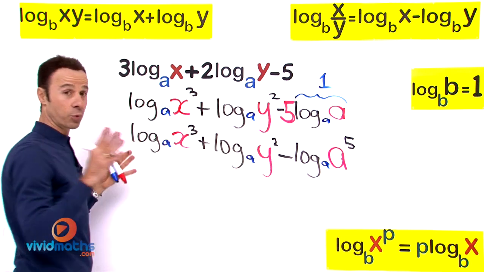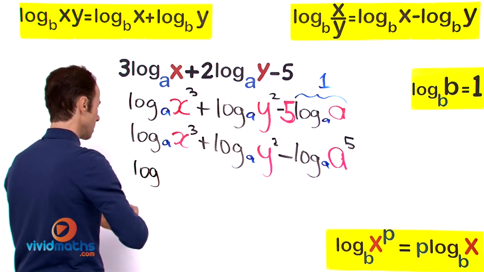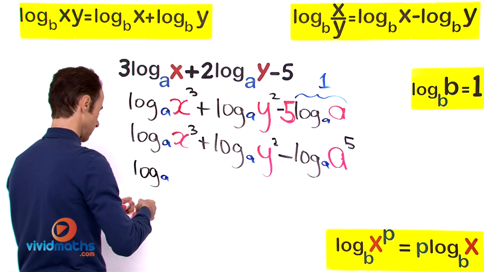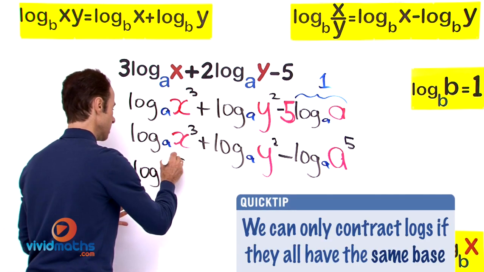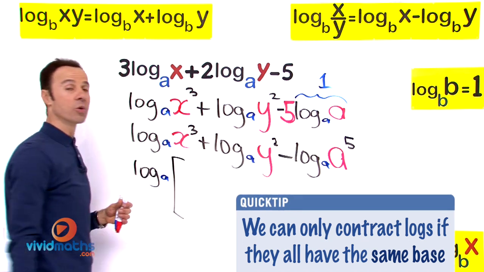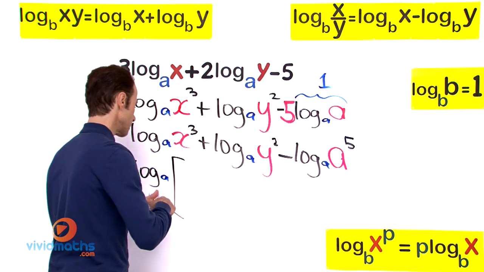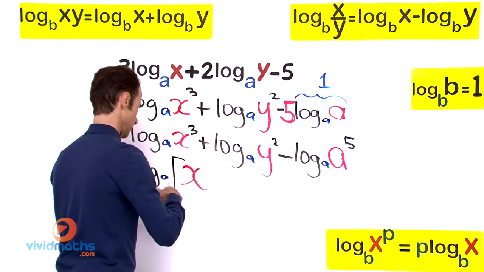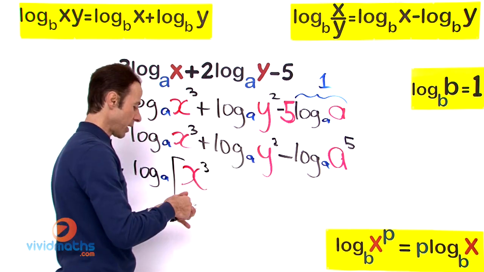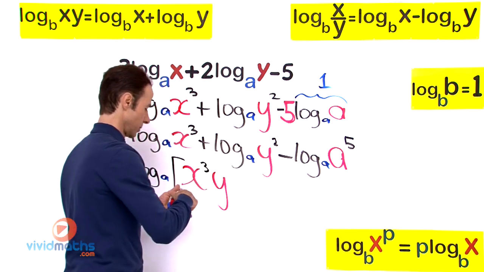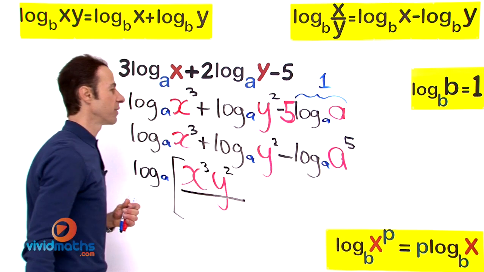So these two will be log base A, and then we'll put a big bracket here because they're all log base A all the way through, aren't they? So here's our x cubed, multiplied by the y squared, y to the power of 2, all over, well, what do we have here?